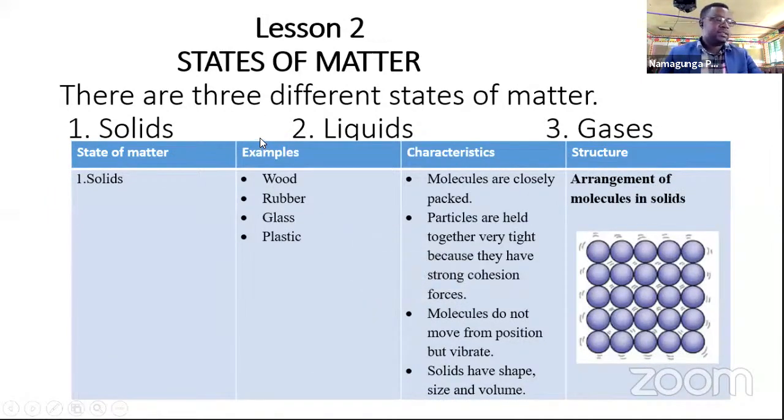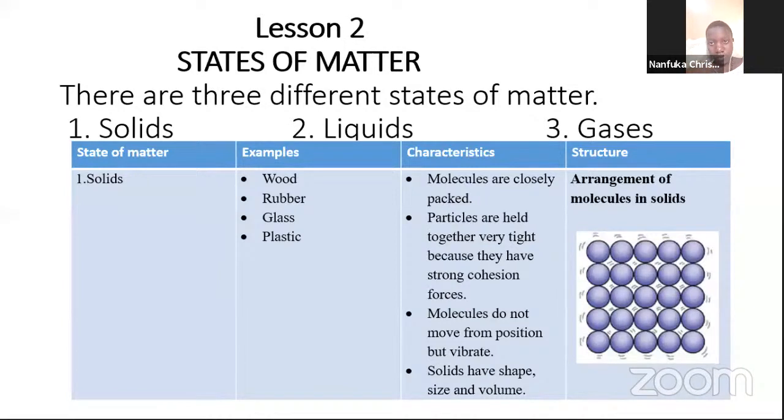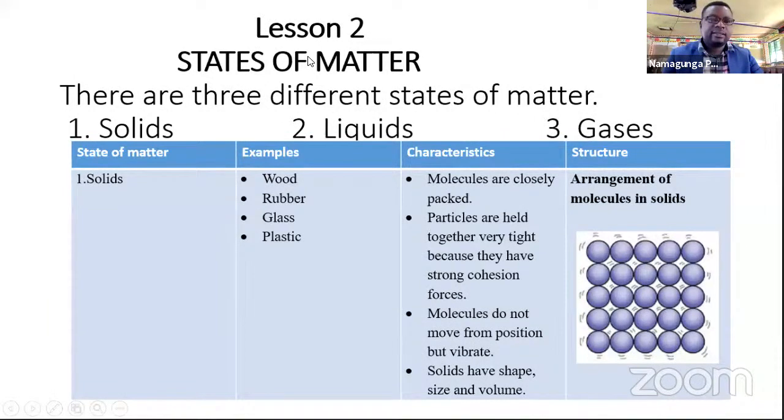The first one, can I have someone reading for us the first characteristic? Elizabeth, please.